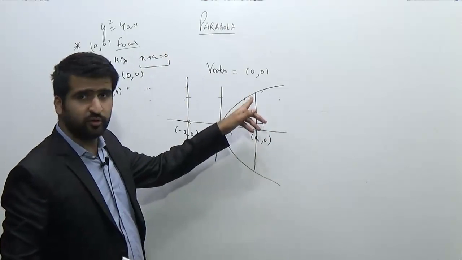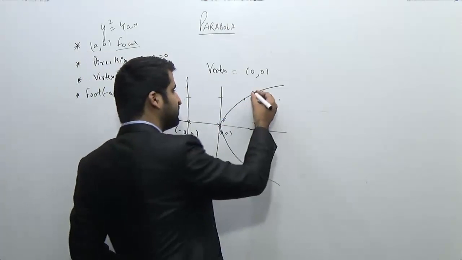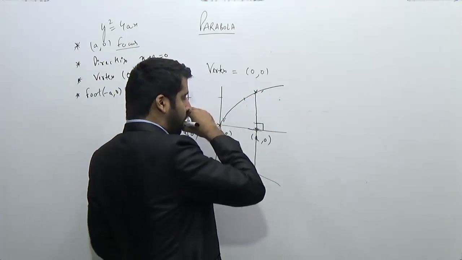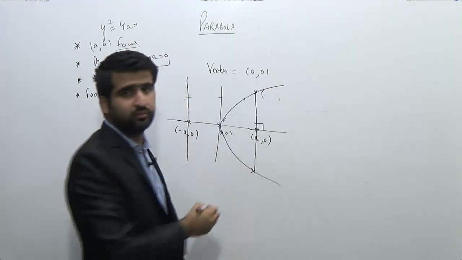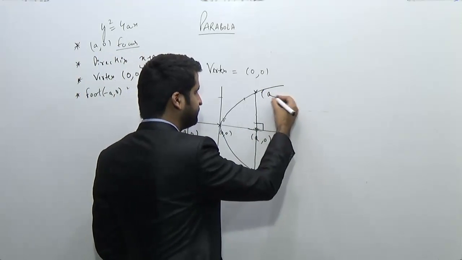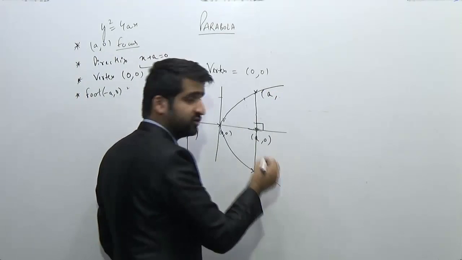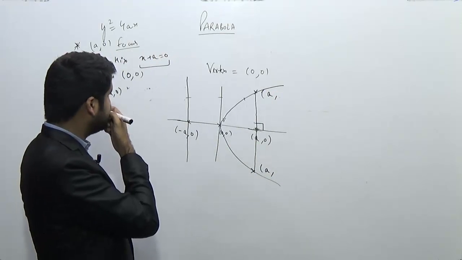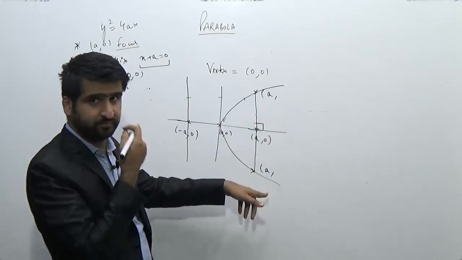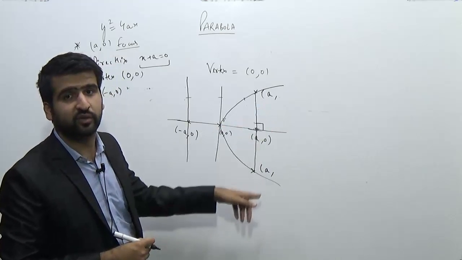If this line is perpendicular to the x-axis, the x coordinate of the endpoints of these two are a only. So this point is a and this point is also a. So we can say that these 2 points are a. Now I'll try to find the y coordinates of these 2 points.